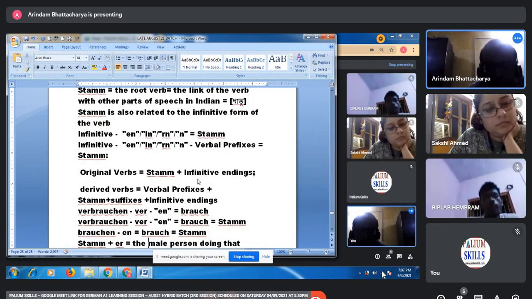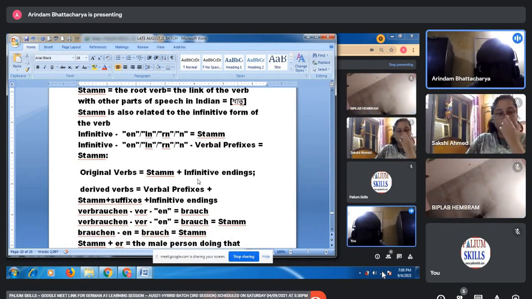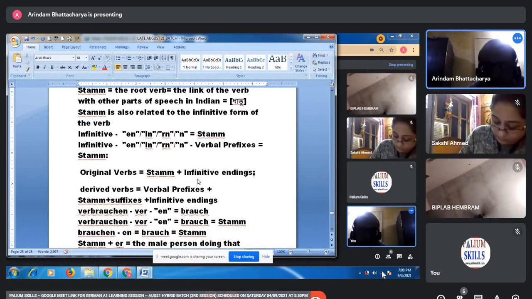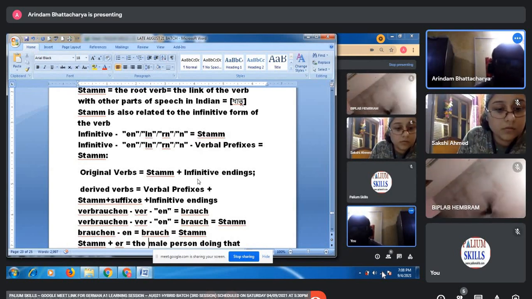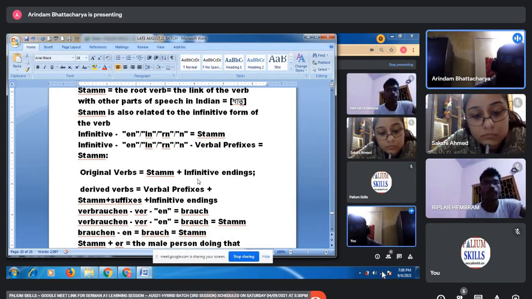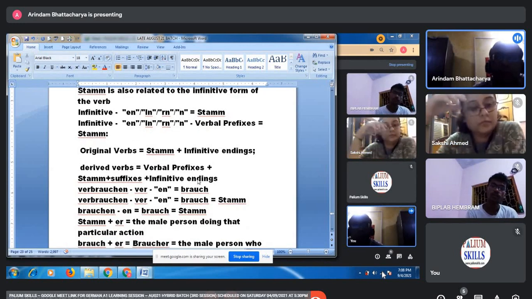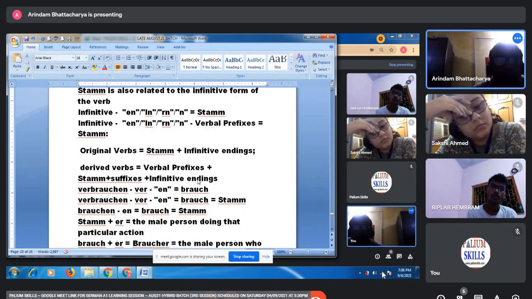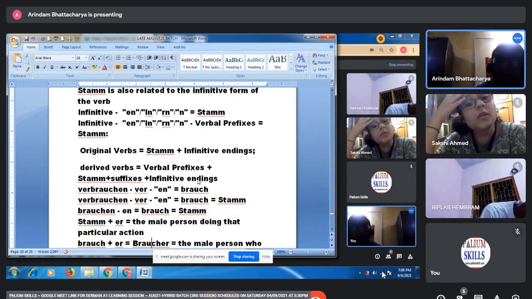Verbrauchen: the prefix is ver, the infinitive ending is n, so the stam is equal to Brauch. Brauchen only has the infinitive ending en, so the stam is Brauch. Now stam plus er is equal to the male person doing that particular action.